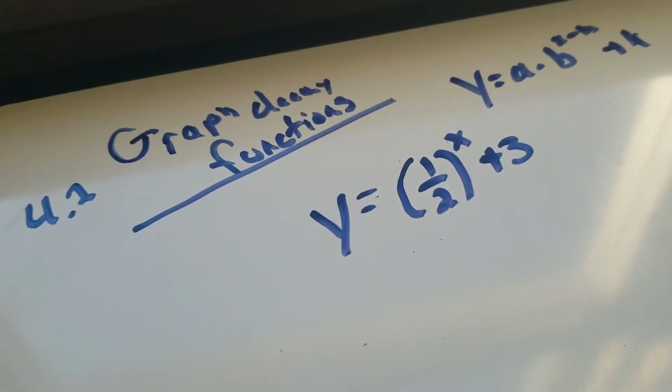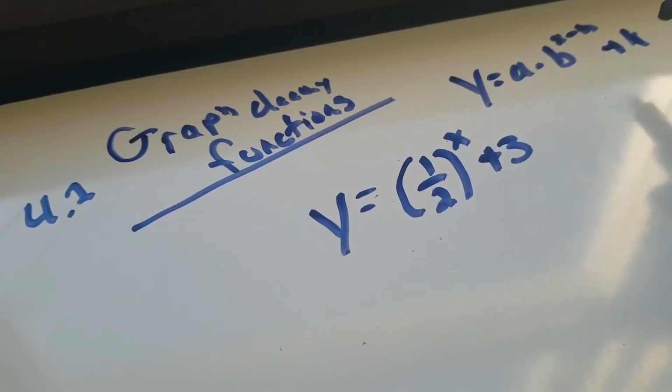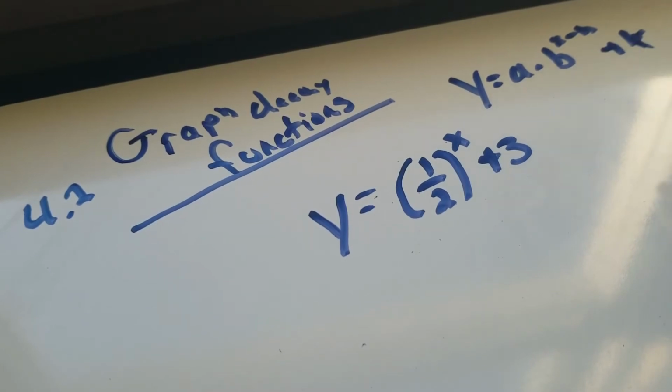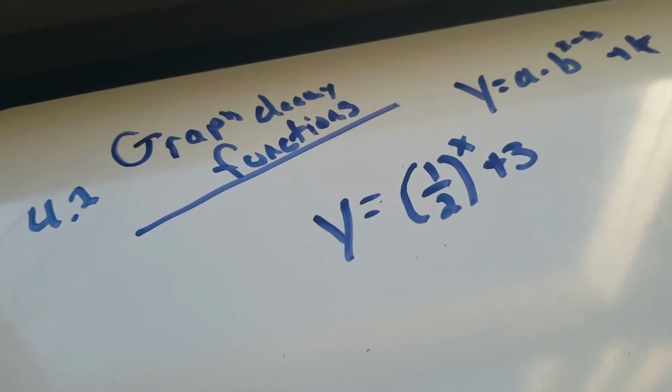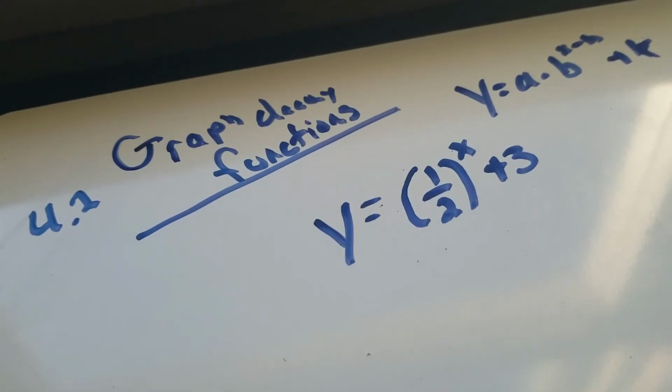Just like the vertex form, which is up here on the right, this tells us the important piece. That's going to be horizontal and vertical shifts.